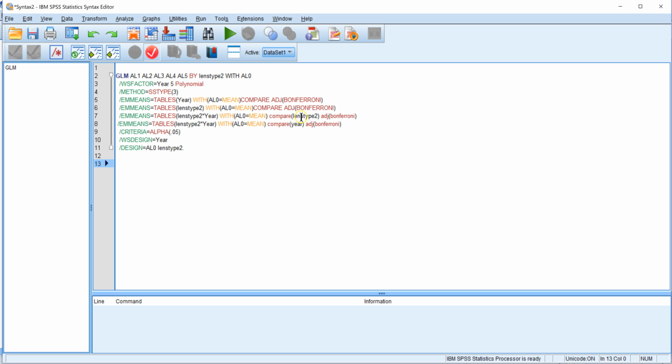We can modify and have compare lens type 2 adjusted, and we're going to do the Bonferroni adjustment so that we can use the regular mean square error term rather than a Greenhouse-Geisser adjusted one, and this is basically coming pretty close to a good t-test. Again, our sample sizes are different between groups, so that complicates it a little bit, but this is what we have in this case, and this is what we'll use.